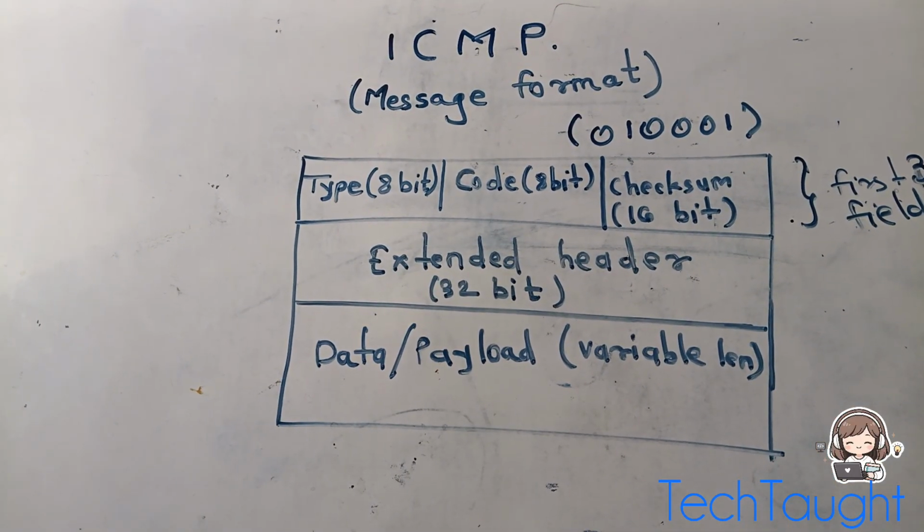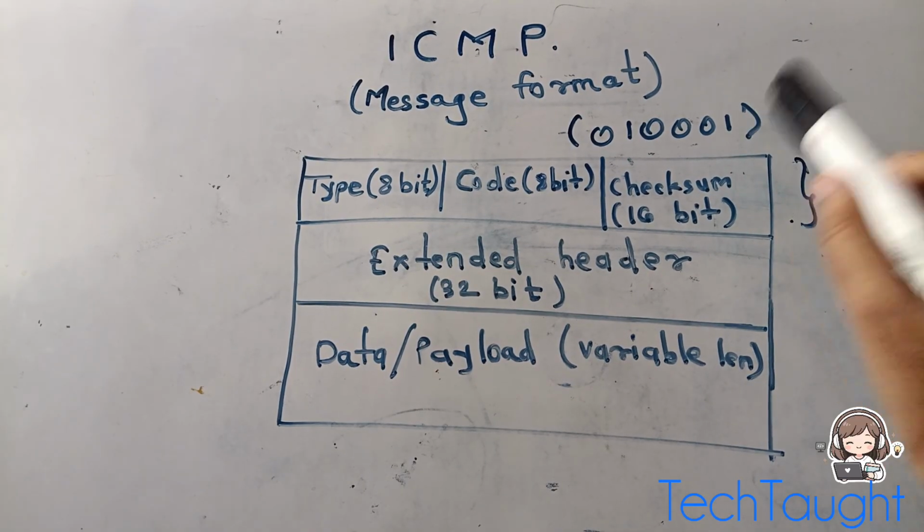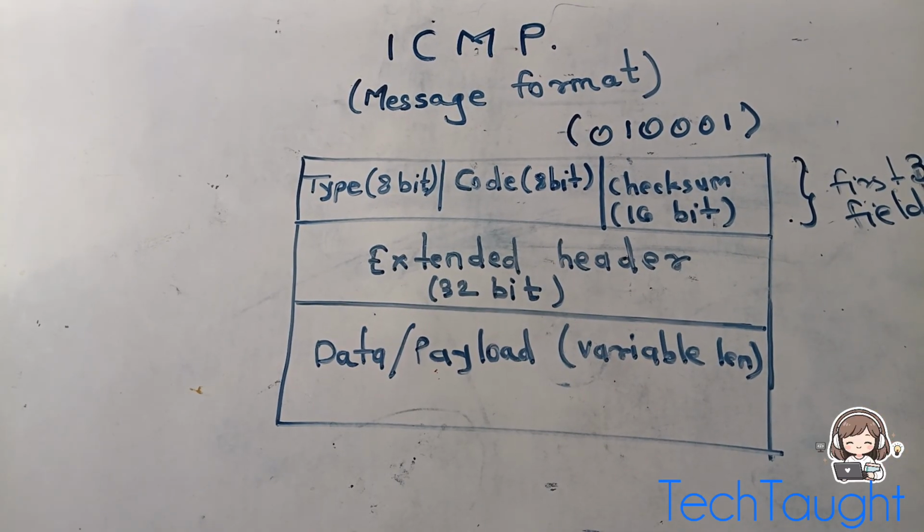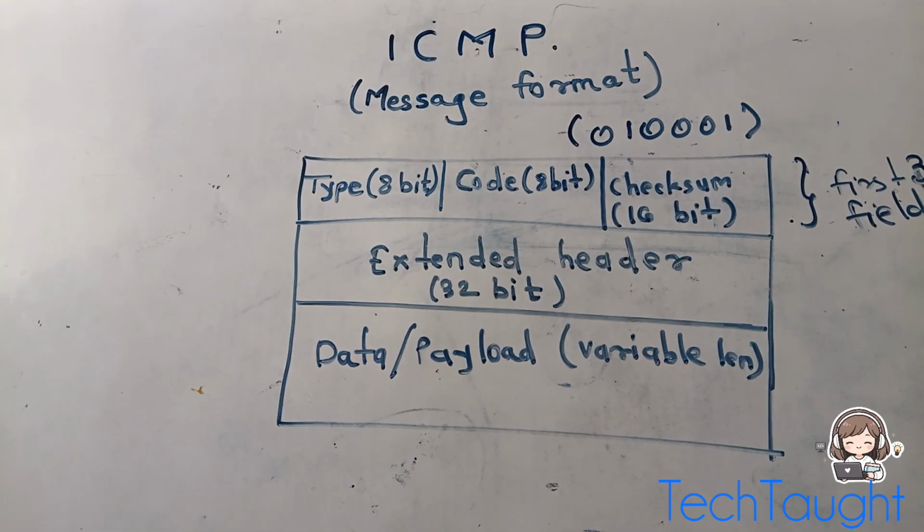The sender will perform a checksum method, and then the receiver will also perform a checksum method, so the receiver knows that it is an error-free message and does not contain any error. The checksum works like that.